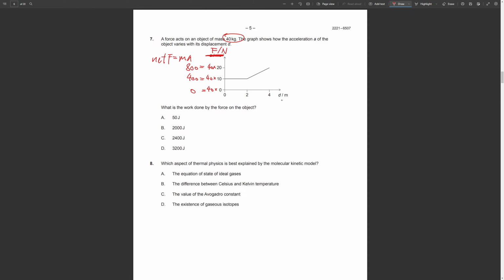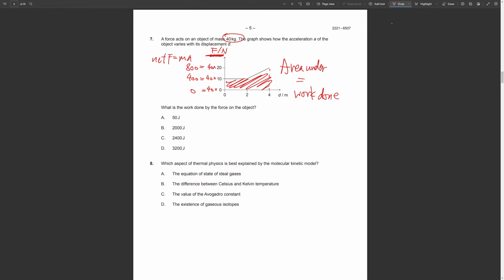What is the benefit of having a force against displacement graph? The area under the graph is representing the work done. Therefore, the answer to this question is the area under the graph.